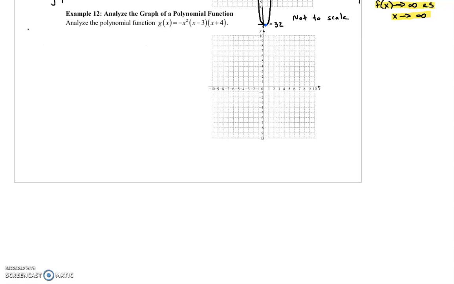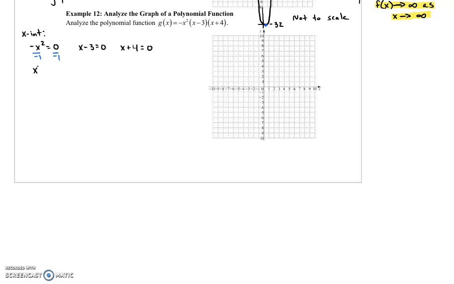So first, let's find all our intercepts. For the x-intercepts, we have negative x squared equals 0, x minus 3 equals 0, and x plus 4 equals 0. On the first one, we divide both sides by -1.